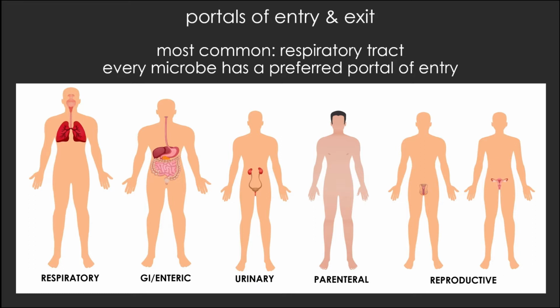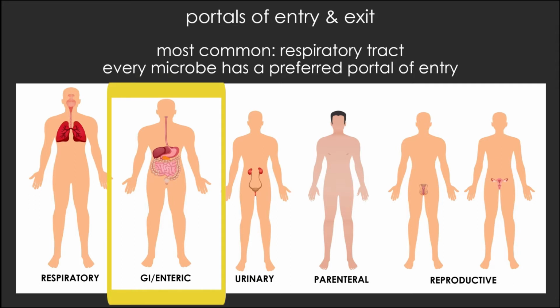And upper respiratory tract infections are incredibly common, and one of the things that we need to be careful about if we contract an upper respiratory tract infection, of course, is that we don't contract a lower respiratory tract infection as a result of that entrance into the respiratory tract. So that's the most common preferred portal of entry, meaning that is the most common place for which microbes have the ability to attach and adhere.